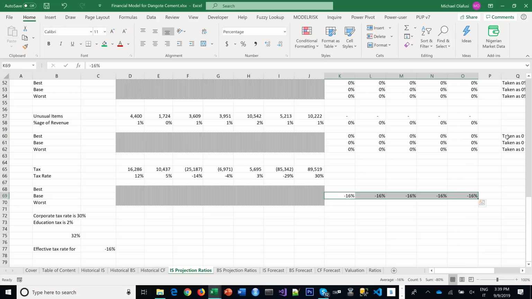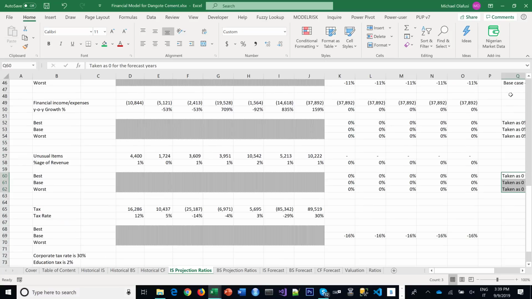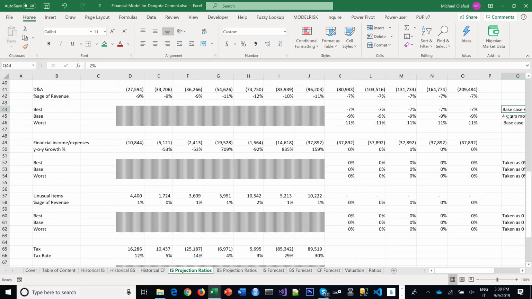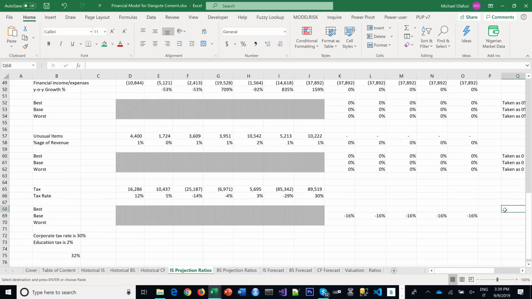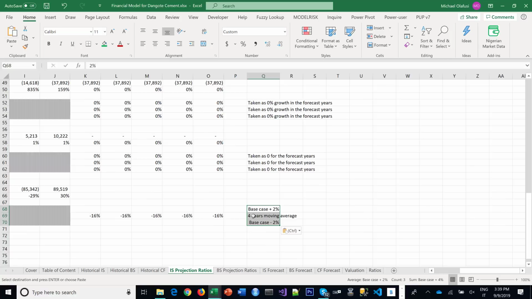I can take it up and down 2% like we've been doing.